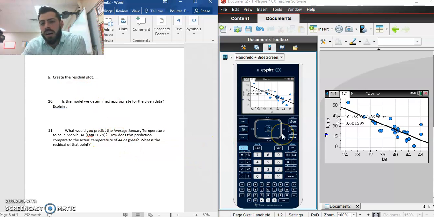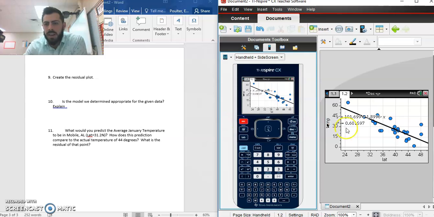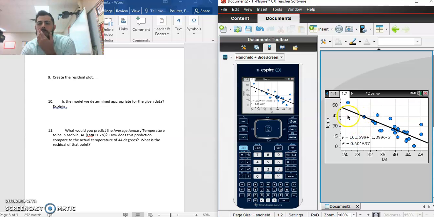So first thing, create the residual plot. So the residual plot, if you recall from the notes, is essentially the plot of all of the residuals, the residual amount being all of these distances between the points and the line itself. If you recall the purpose of this line, this is the least squared regression line.